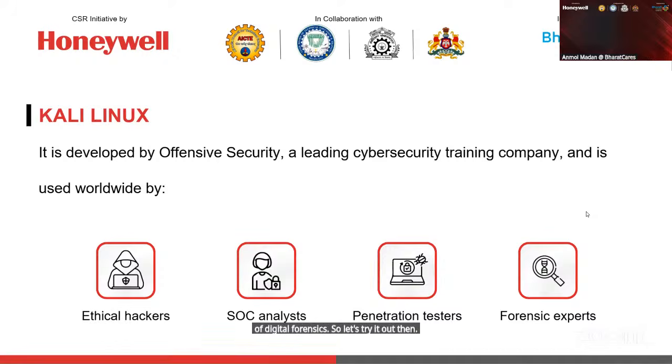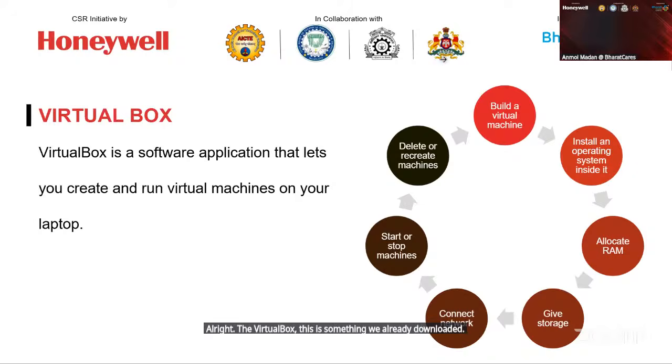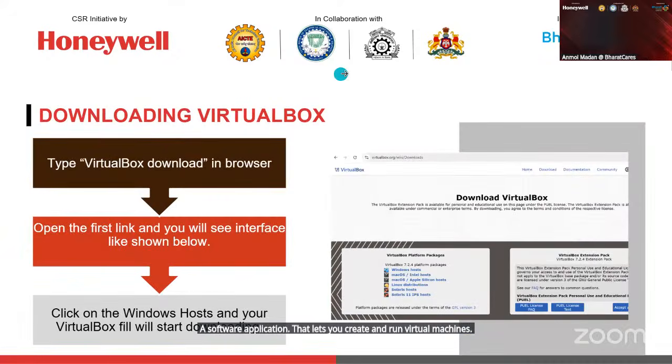We also have the step-by-step instructions for all those who didn't understand. The VirtualBox, this is something we already downloaded. A software application that lets you create and run virtual machines. So these are the instructions for those who still didn't understand.